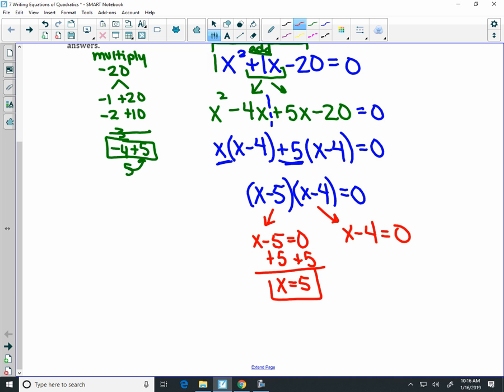Oops, that should have been a plus 5, so sorry. Hopefully you were yelling at your screen just now. Maybe not yelling, thinking, what is she doing? So that should have been an x plus 5 there, since that was a positive 5. So I subtract my 5 over and get a negative 5. Here, plus 4, plus 4.